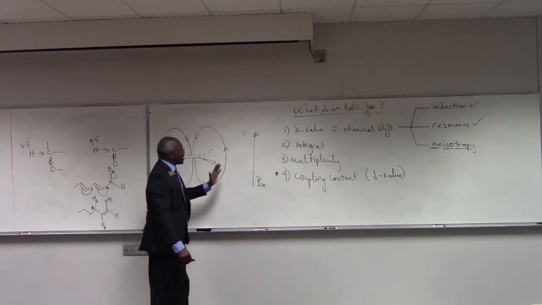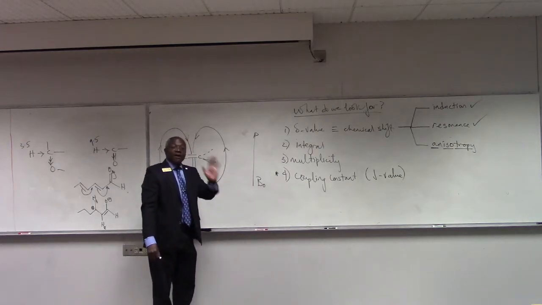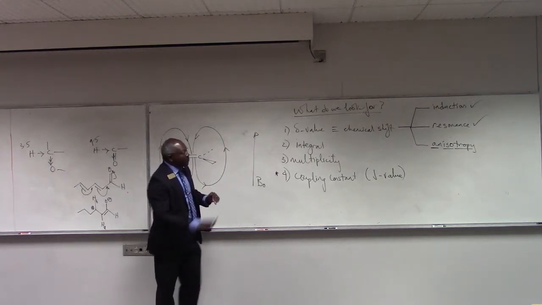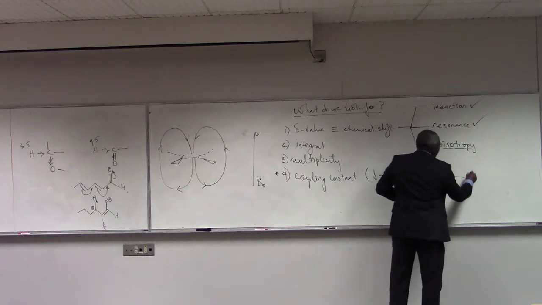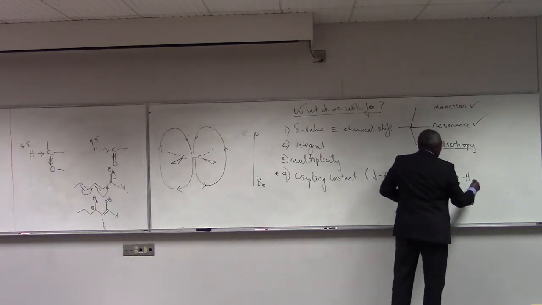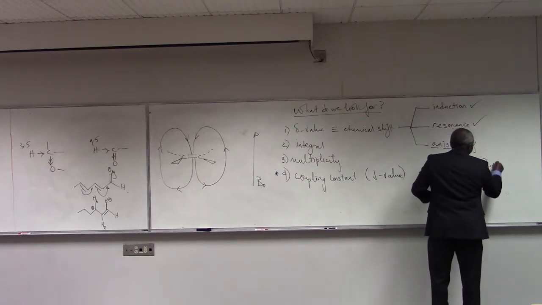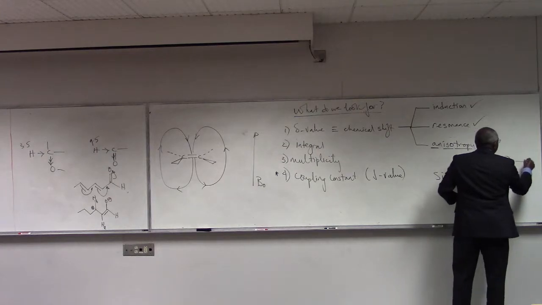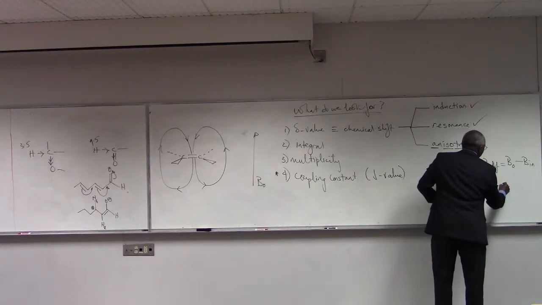Because obviously, when it is parallel to the field, the B effective is large. And we saw earlier, like with the silicon case, where there was a large amount of electron density, the B effective, which was the B naught minus the B induced, when this is a large number, the delta value was small.